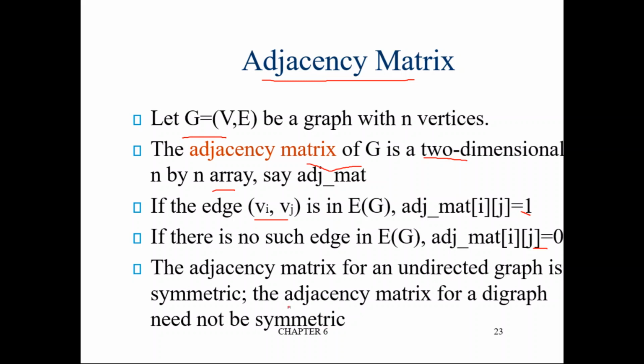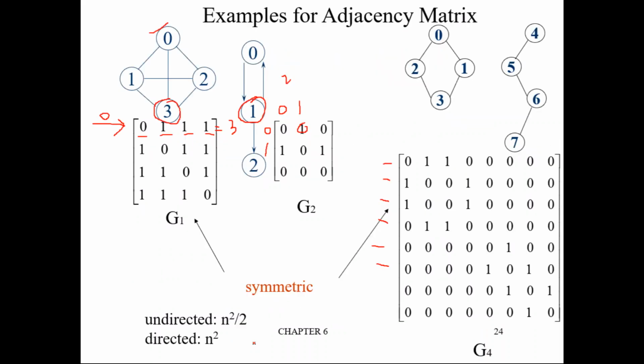The adjacency matrix of an undirected graph is always symmetric. The adjacency matrix of a directed graph need not be symmetric. It may be symmetric if there is an opposite edge for all the nodes, that is, for every vertex Vi and Vj there is an edge from Vi to Vj and also from Vj to Vi.